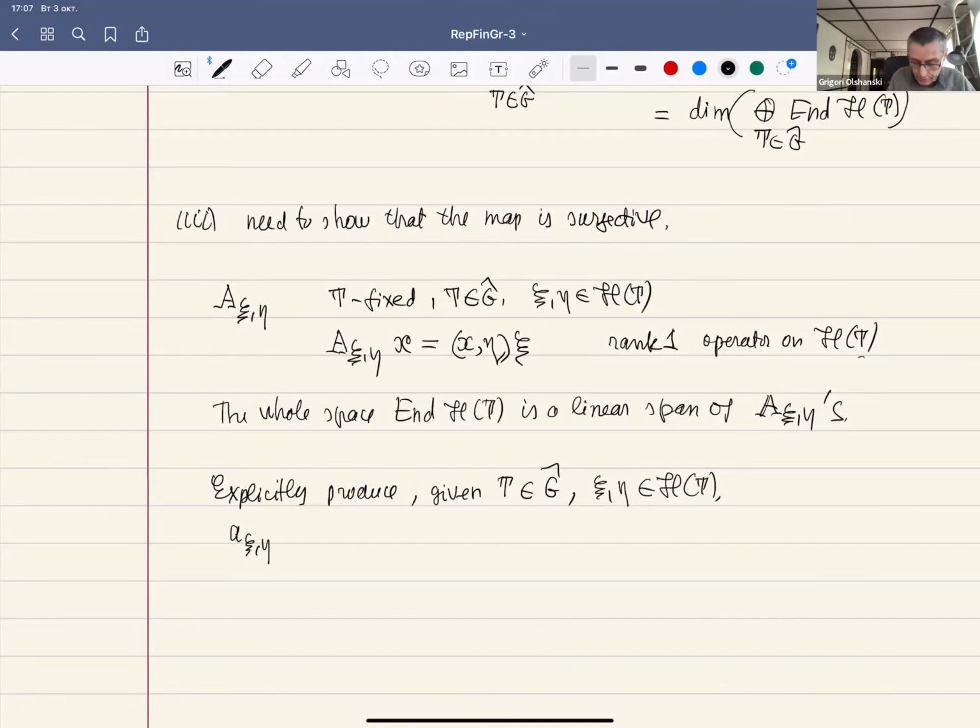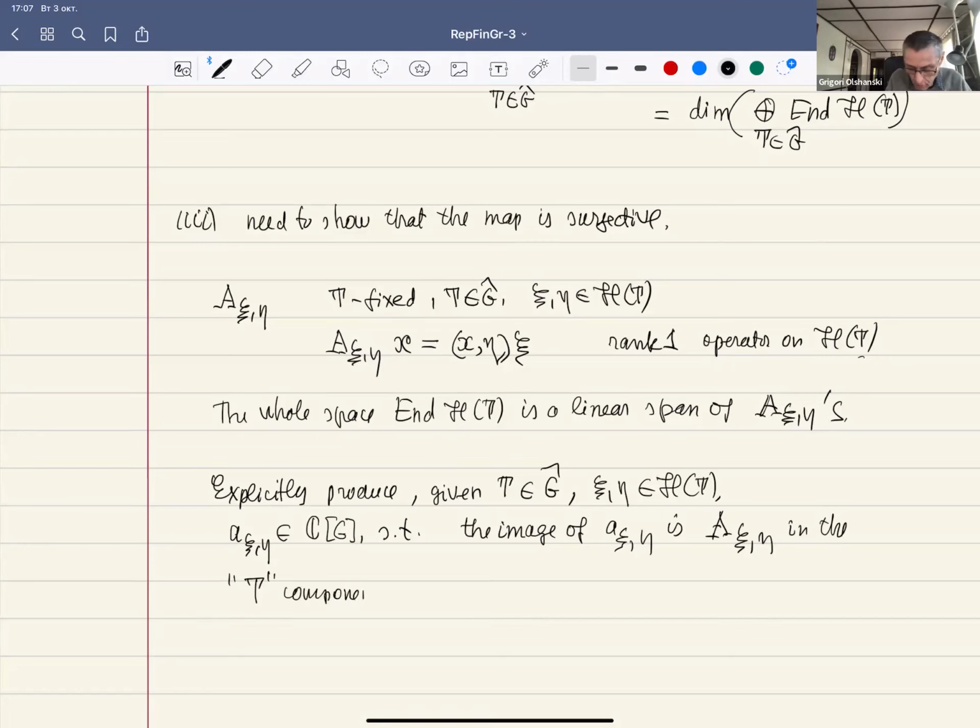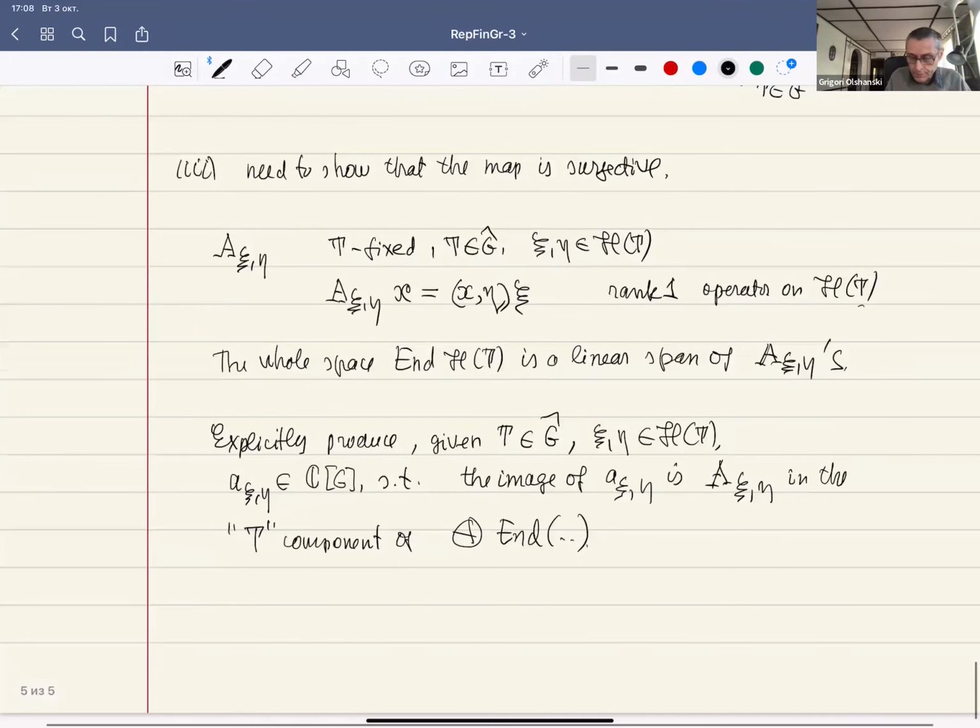It depends on T also, the group algebra, such that the image of this operator in the T component of this direct sum of algebras.